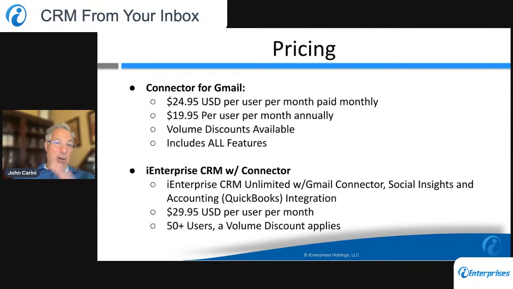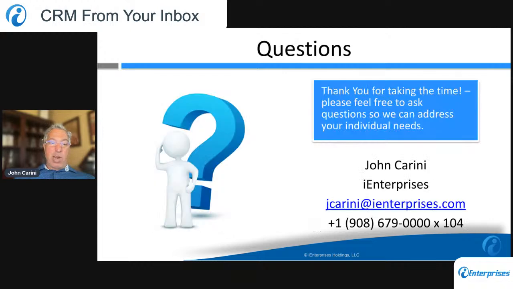We don't want to see you go, obviously, but we don't want to be that vendor that raises your prices and also doesn't let you leave. If you pay annually, it's $19.95. Email me, I'll send you some coupon codes. And then iEnterprises, our own CRM with the connector, with social insights. It's got QuickBooks integration, all sorts of things. It's really $30 per user per month annually, and paid monthly, it's $34.95.